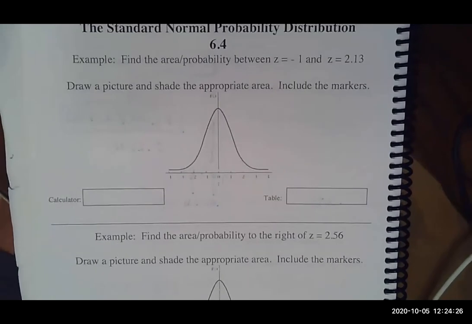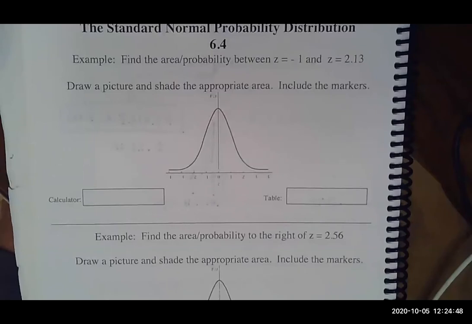Enrique? Sure. Yeah, sorry about that. Quick question on the same problem. If it were to say look for the left, would we pretty much plop over the upper and lower opposite on the calculator?